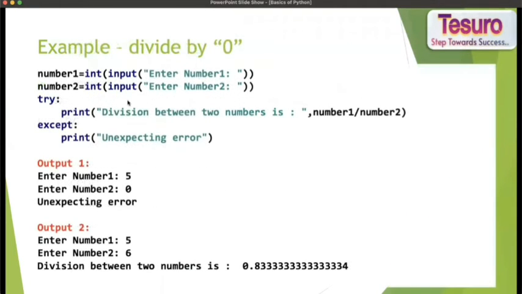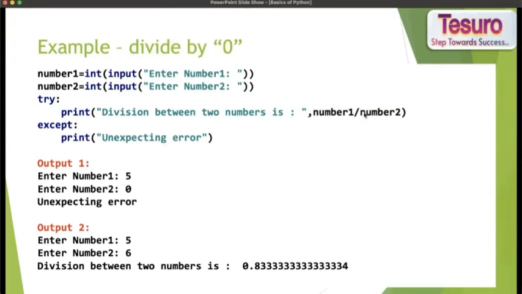Let's see one example. If someone tries to divide a number by zero, it will give infinite results, which is not valid. So in that case the compiler won't stop the execution. For example, I will show this. First number1, some input number, and number2, another input number.